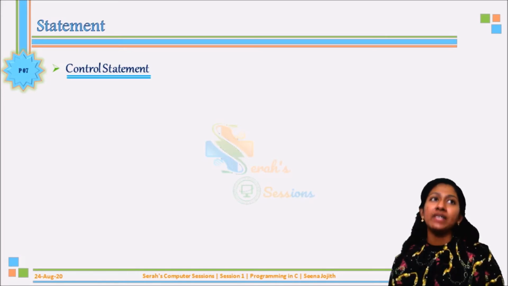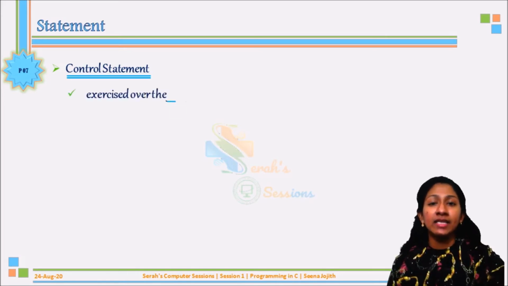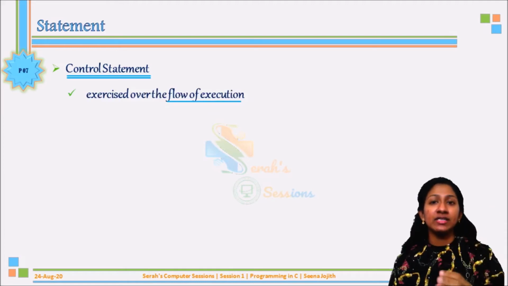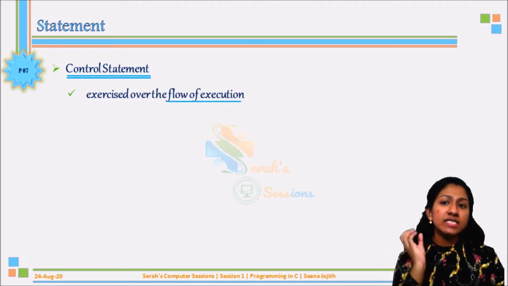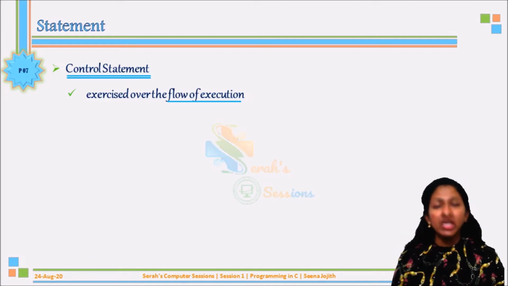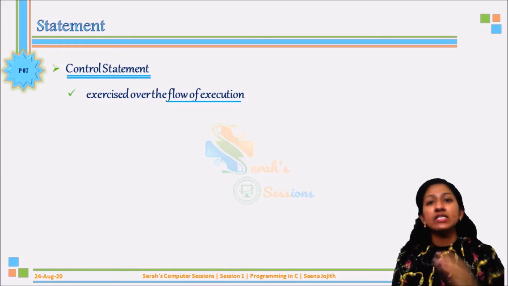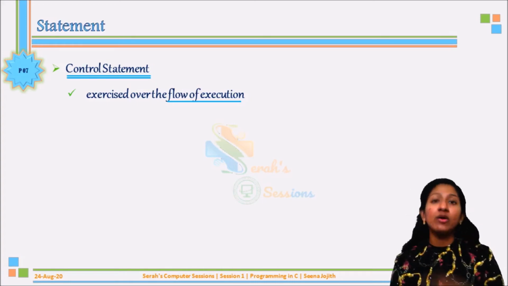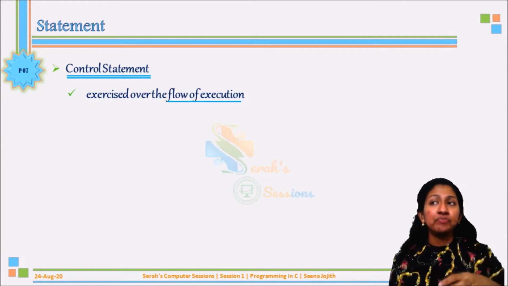But the difference lies in where the control statement acts. The control statement acts over the flow of execution of the program. The control is exercised over the flow of execution. I hope that you know what a flow of execution is, but I'll still explain it.